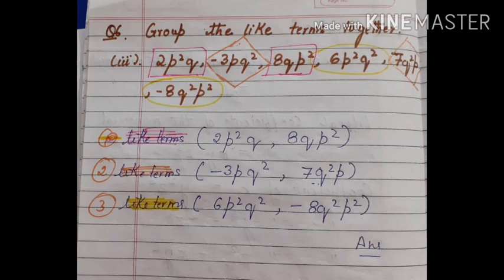At one glance you will feel as if they are different, but please focus on the given series, and you will find they are of the same type. So always check the power on the variable, always check the order of the variables, and the variables should be of the same type when you make a series of like terms. So your third group is 6p square q square and minus 8q square p square.